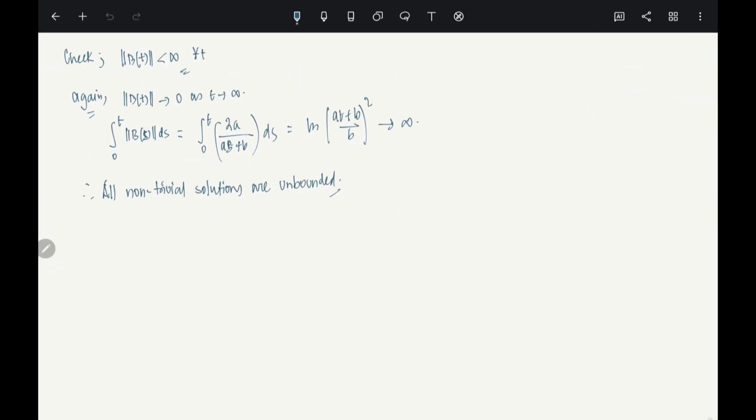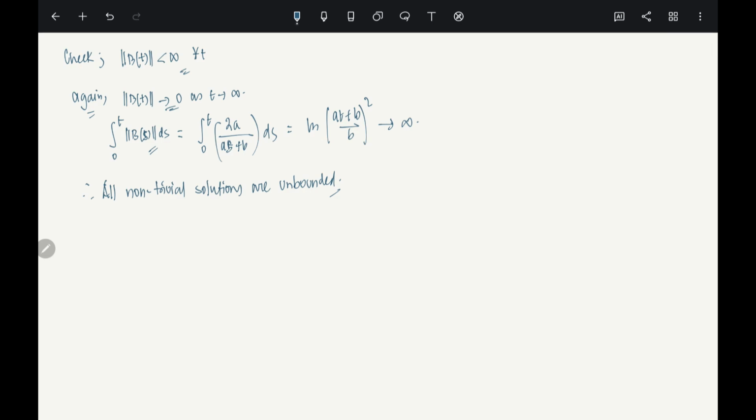But for B(t), if you look at the norm, you take the integral from 0 to t of the norm of B(s), which is basically 2a by (as plus b). You can see that this goes to 0 as s goes to infinity. So the norm of B(s) goes to 0 as s goes to infinity. But if you take the integral from 0 to t of 2a by (as plus b) ds, then that becomes a log, which goes to infinity.